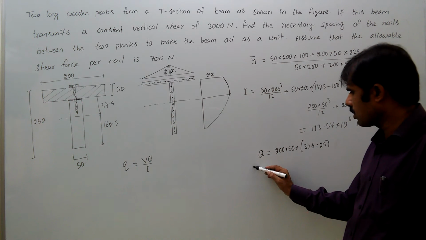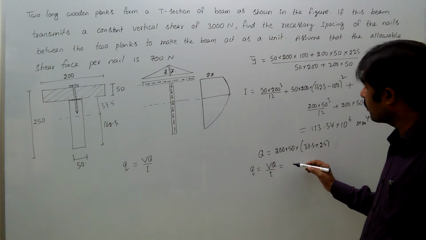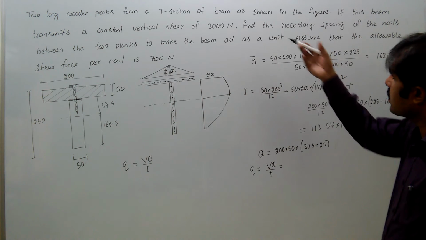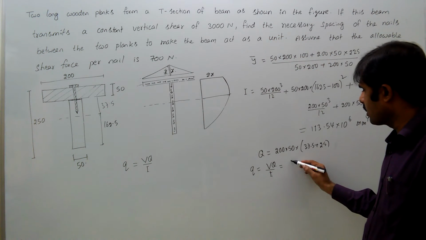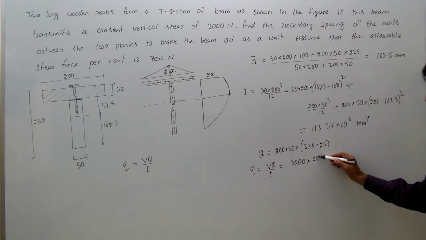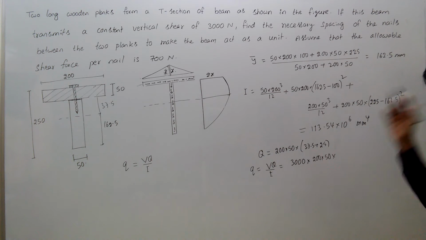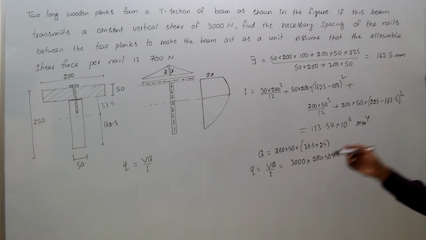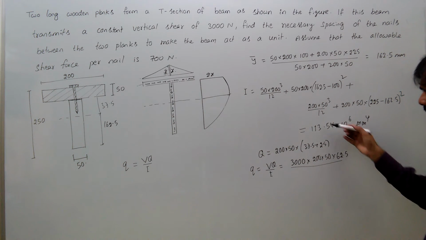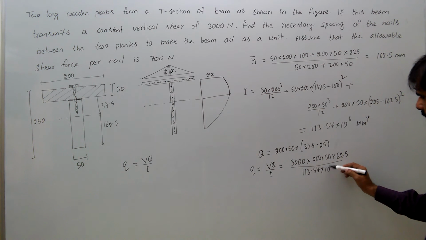So now shear flow small q equal to VQ by I, where V is the vertical shear force, 3000 newtons. Q is 200 into 50 into 62.5, divided by I, which is 113.54 into 10 power 6.